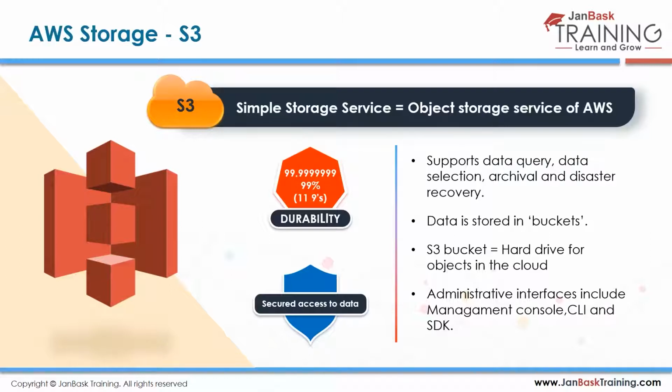Maybe you want your S3 to be accessible to a certain number of users. You can do that. Create the user in IAM, give them S3 access and they'll be able to access that. And maybe certain users you don't want accessing your S3. Don't worry about it. Just go to IAM, remove S3 access from them, and they won't be able to access S3.